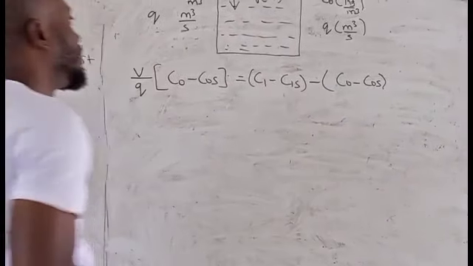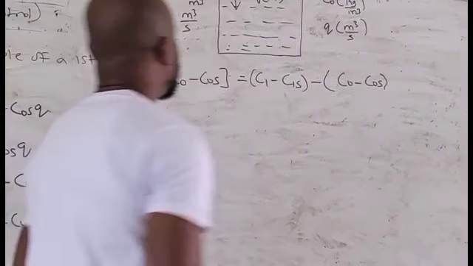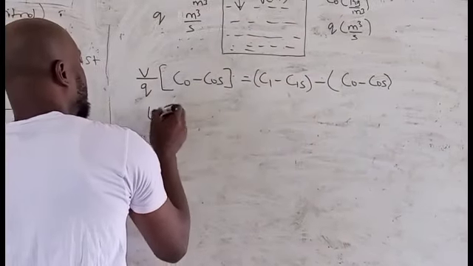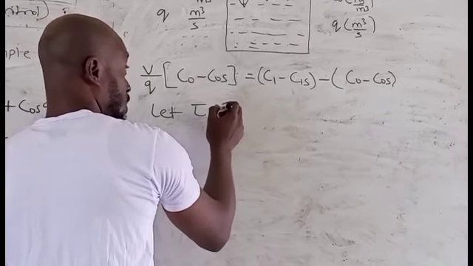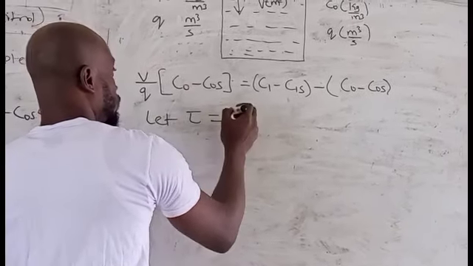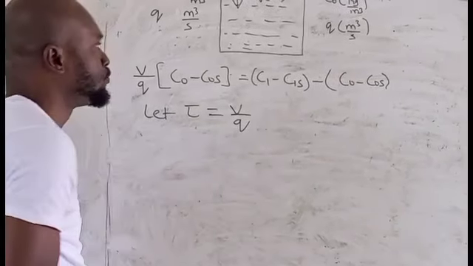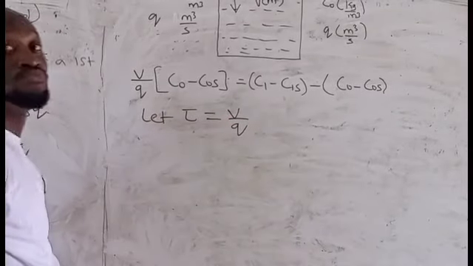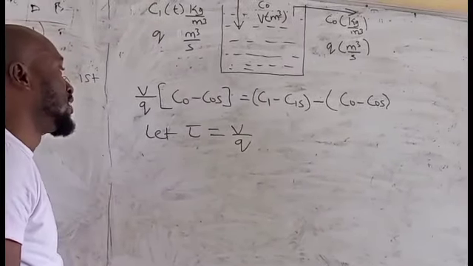This is what you're going to get. So now, let this time constant tau equal V over Q. This V represents volume. Q stands for the volumetric flow rate.